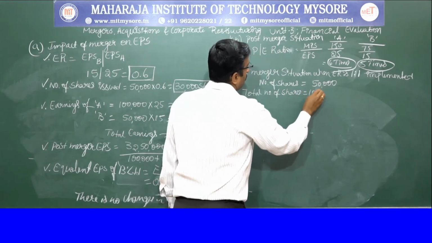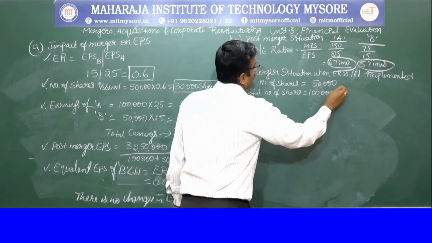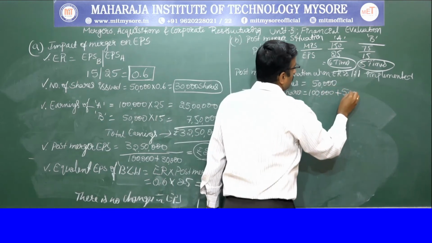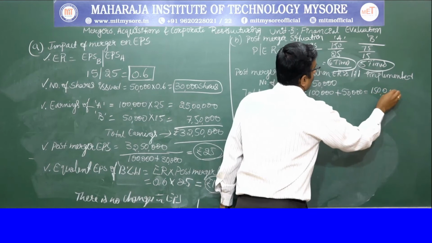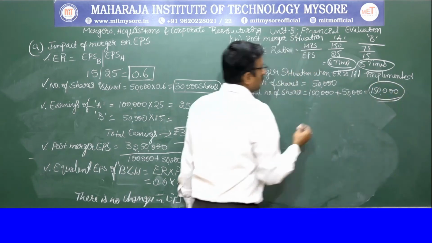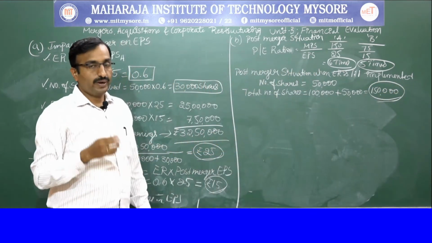In A Limited we have 1 lakh, and with 1:1 another 50,000 are issued. So in total it is 1,50,000 shares.